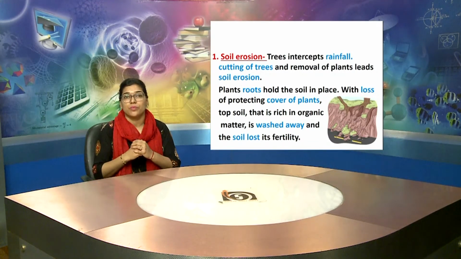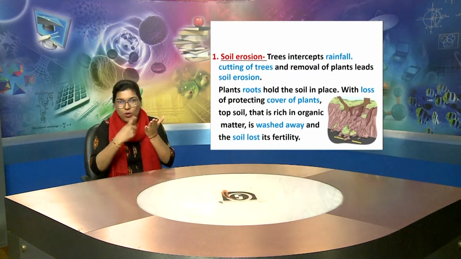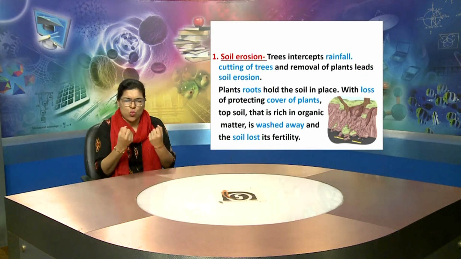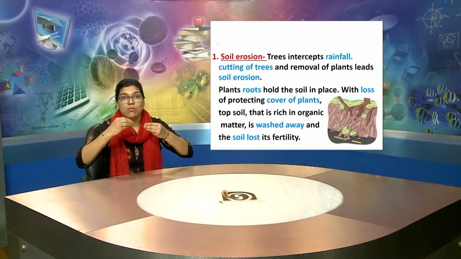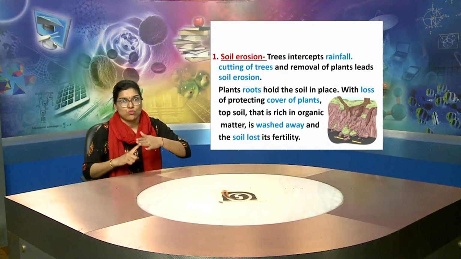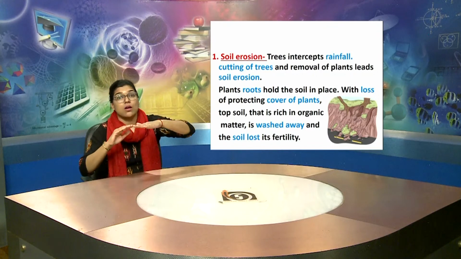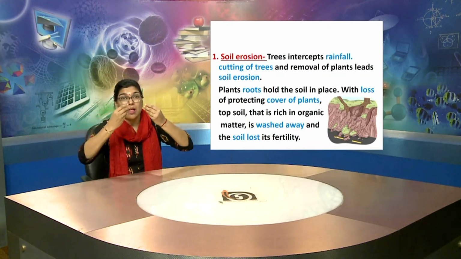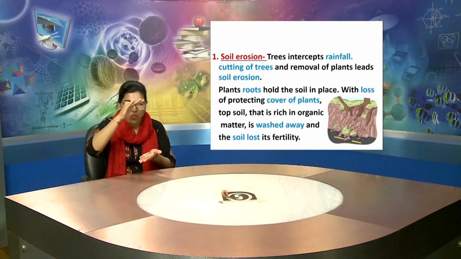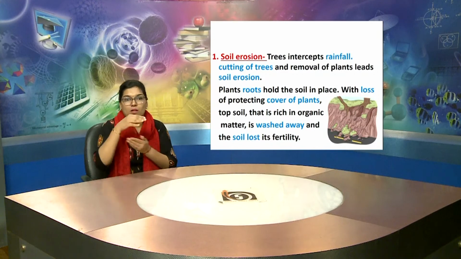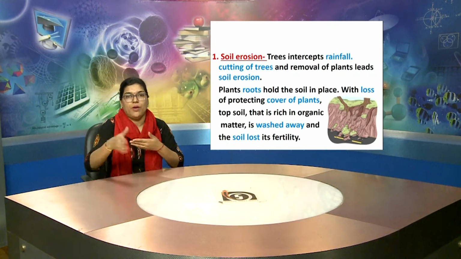Plants' roots hold the soil in place, and with loss of protecting cover of plants, the topsoil, which is rich in organic matter, is washed away. And then the soil loses its fertility. So that is known as soil erosion.